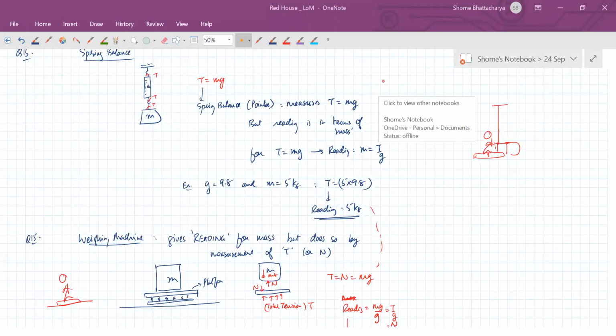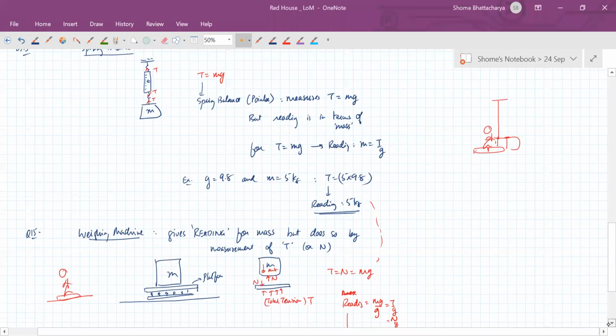Okay. So now both these instruments will fail very badly if there is some non-inertial frame or some secondary force involved.